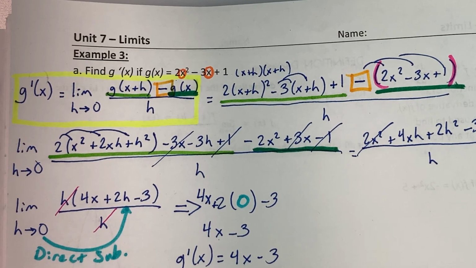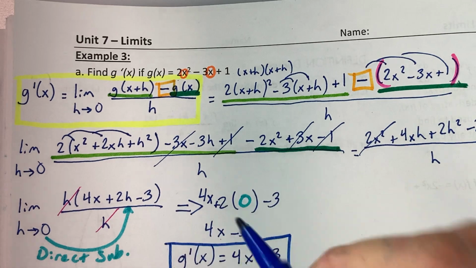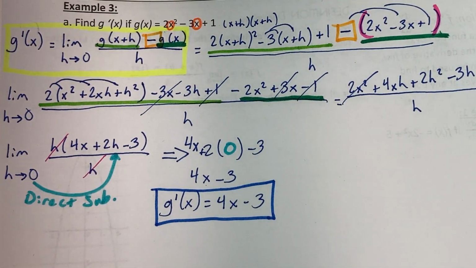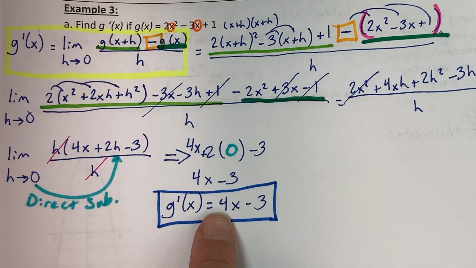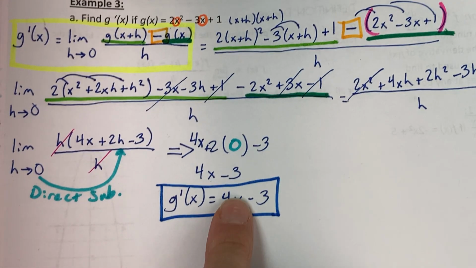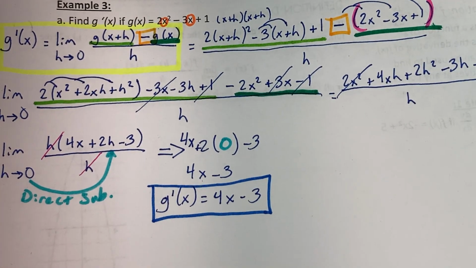Now remember, folks, what did we just find here? This is the equation that describes the slope of the tangent at any given point. So it's not that the slope of the tangent is 4. It's not that, hey, I've got a line that describes the tangent line. I've got a linear equation that describes the slope of the tangent line.